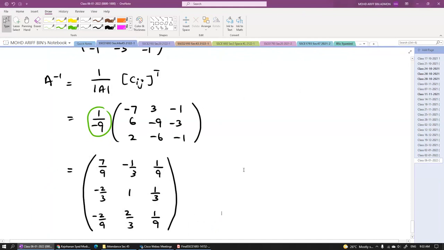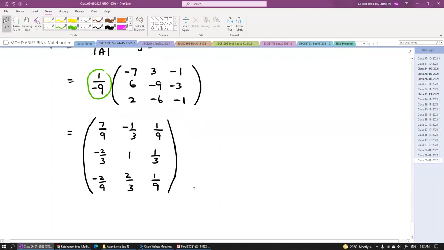Maybe from there you can detect that this is incorrect, and then you have to check back your calculation. That's how we do the checking, to avoid providing an incorrect solution and losing your marks.